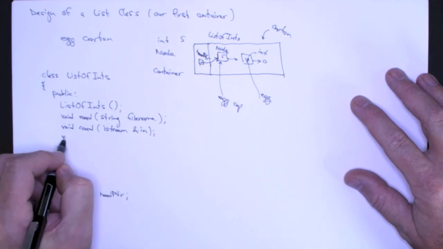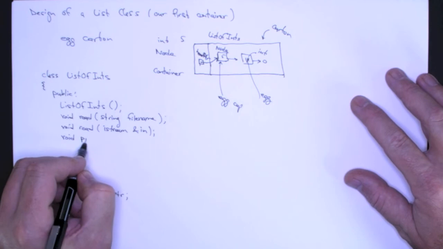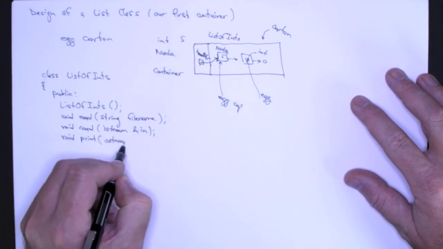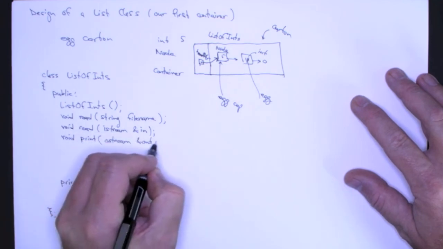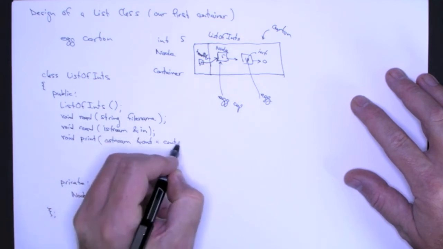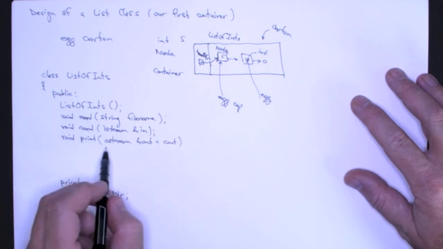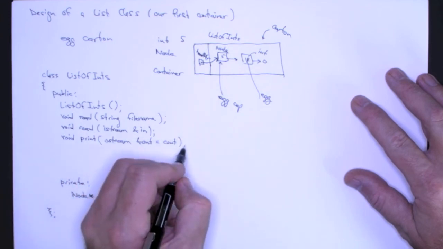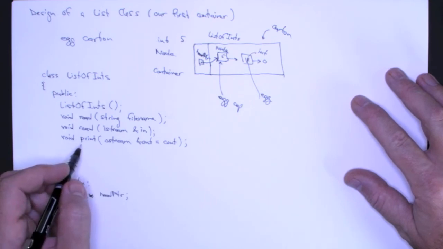I'm going to implement a print method. This will simply print the elements of the list to the console. Although I'm going to pass this in as an output stream, so people will decide if they want to, by default, go to the console output, or if we wanted to print to a file, then they could pass in an output file stream and it would go to that file.